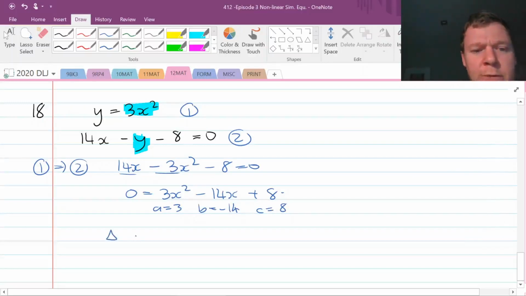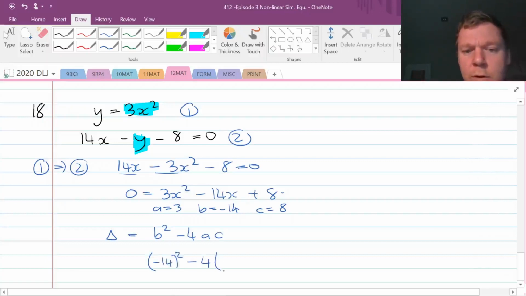We'll do our discriminant first, so that's going to be minus 14 squared. I'll write the formula, I'm just being lazy. b squared minus 4ac. So negative 14 squared minus 4, a is 3, and c is 8.